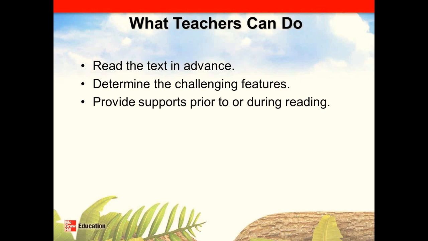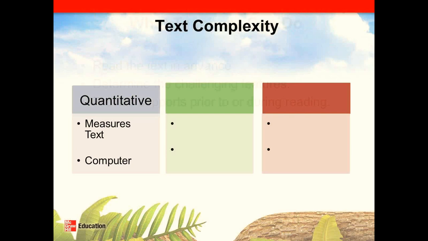But you don't just throw students in the deep end. You've got to help them a little bit. So what can teachers do? Well, it says read the text in advance to determine the challenging features and provide necessary support prior to and even during reading.